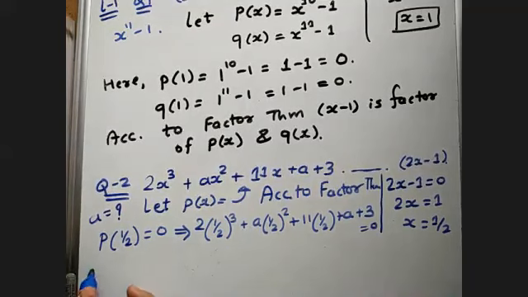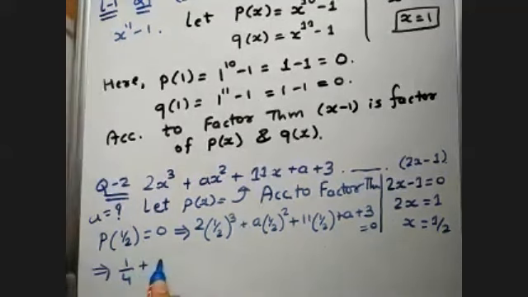So implies, now 1 upon 2 cube is 8, 2 2s are 2 4s are 8. So first term will give me 1 by 4, second term will be a by 4, third term will be 11 by 2, fourth term is a, fifth term is 3 is equal to 0. So if I take LCM over here, my LCM will be 4.